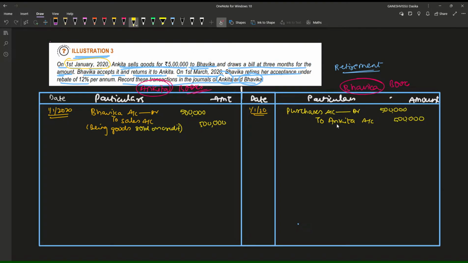So purchases account debit to Ankita account for 5 lakh rupees, and the same in narration would be what? Being goods, here I have written purchase sales. So here we can write goods purchased on credit. Okay, first entry completed.